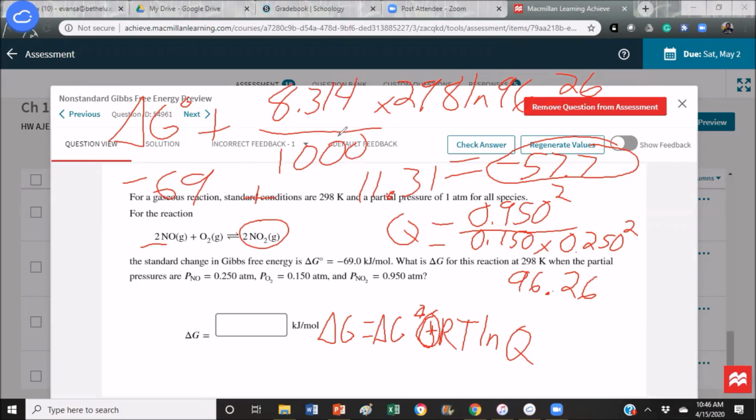So all this is your RT ln Q, and at this point you're just adding that to this. So the last step is just adding two numbers together.